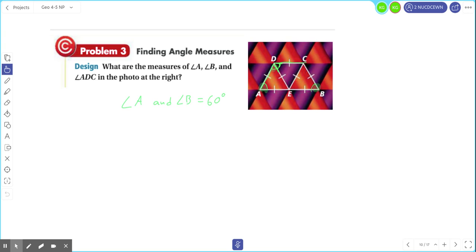So that's what our angle addition postulate tells us. We can add those together. And so angle ADC will actually equal 120 degrees, or rather the measure of these angles. Okay, so that's how you can apply what we know about equilateral triangles.